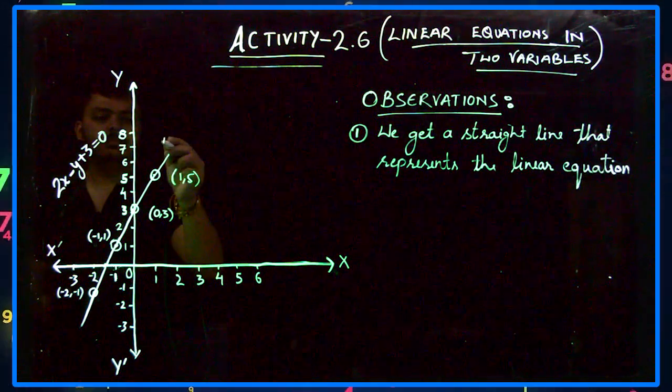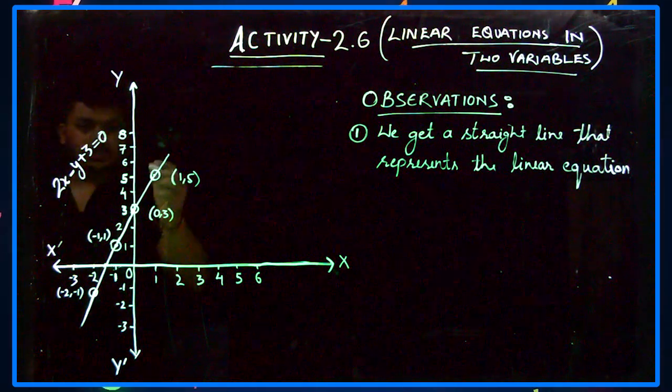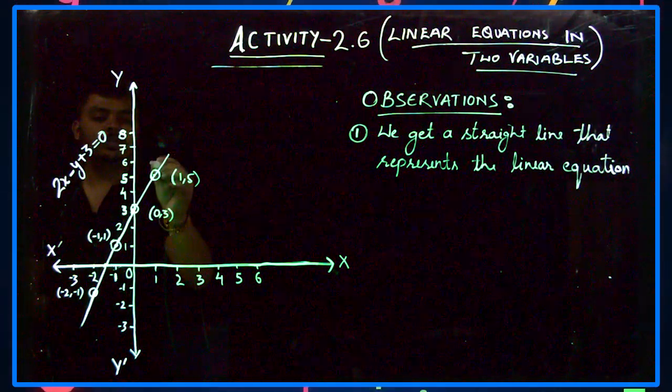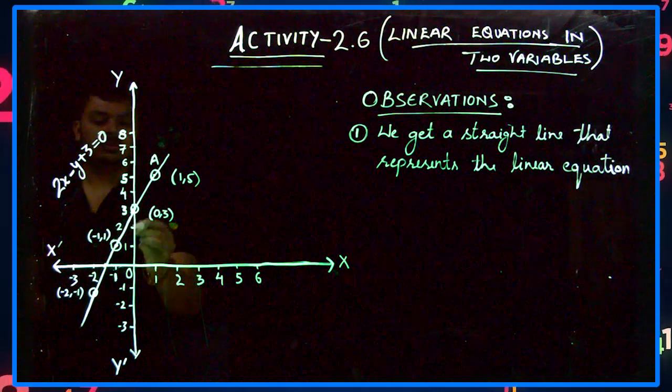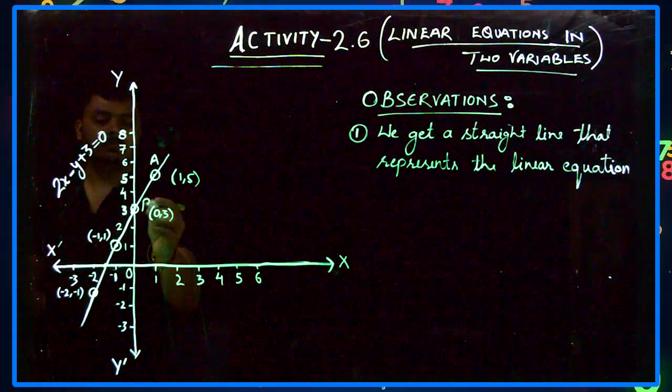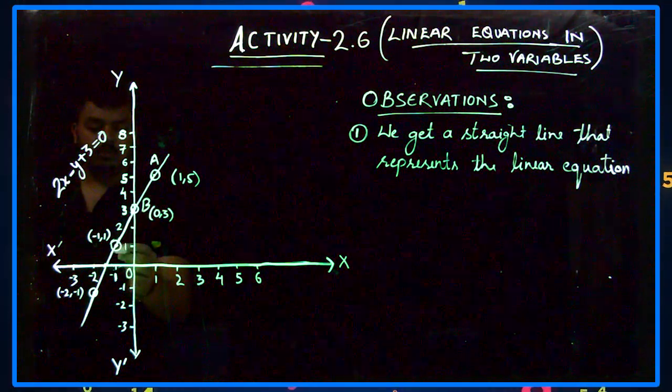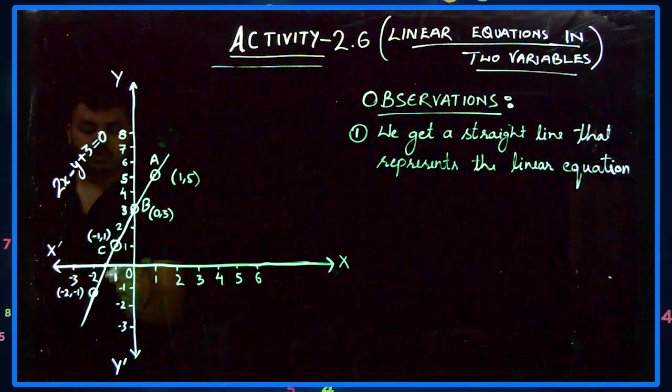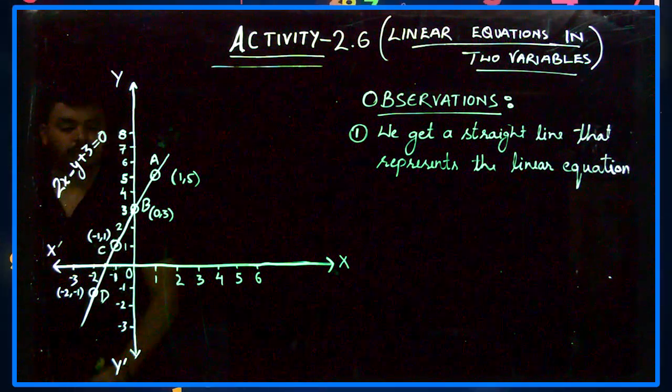Suppose let's name this line as AD. Let's mark these points as point A, point B, point C and point D.